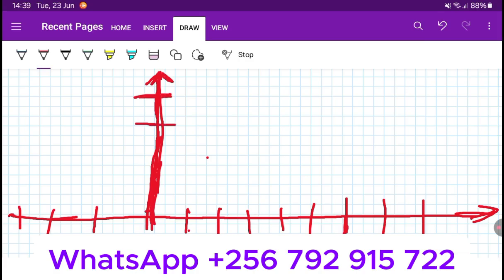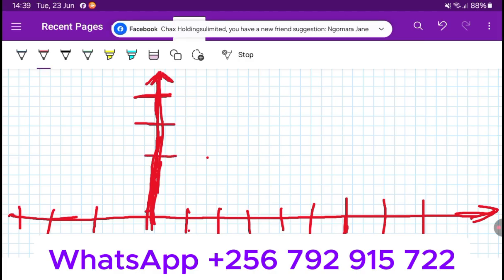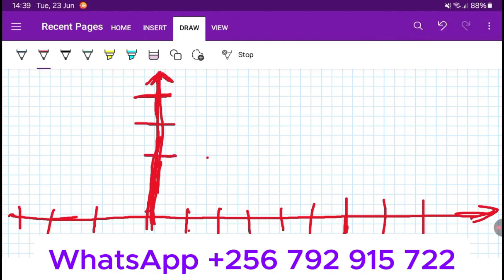I'm just giving an assumption. Maybe that, and maybe that one. Maybe this is region A. Let me name them. This is region A. This is region B. This is region C. Maybe this is region D. And above here we have the location. This is the location, or the regions.